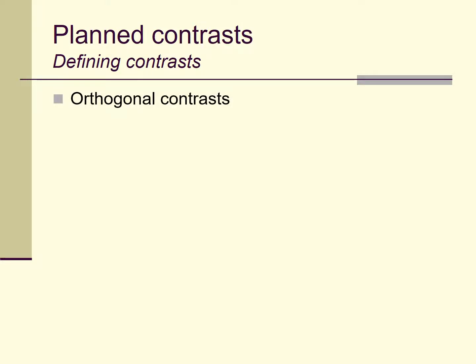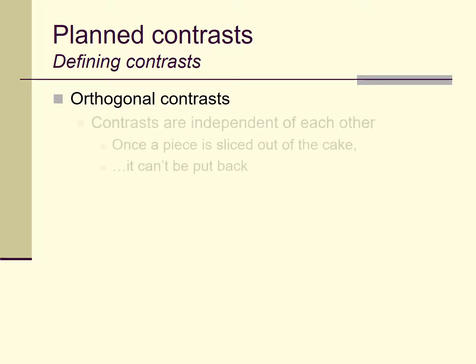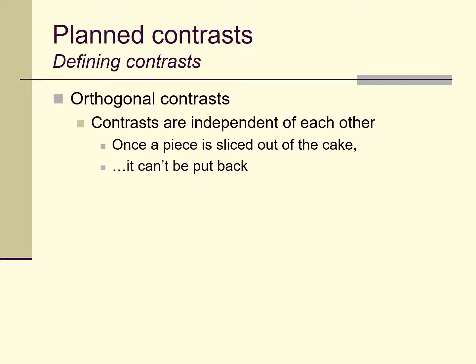Now, I said these contrasts are orthogonal, and orthogonality is a complicated concept, and I will talk about it in a supplemental lecture, but for the time being, let's just think about it this way. Orthogonal contrasts are contrasts that are set up such that once a chunk of variance is pulled out in one contrast, it isn't recycled in a subsequent contrast.